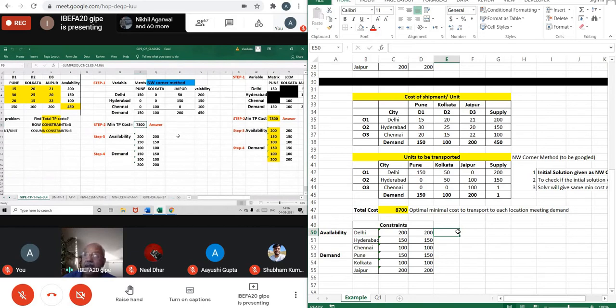You will get the answer in the initial solution, but the optimum never changes. 8700 is the initial value. I don't know whether it is minimum or maximum or constant unless I verify it. So to verify whether the initial value which we got is optimum, you have to apply LPP through solver.